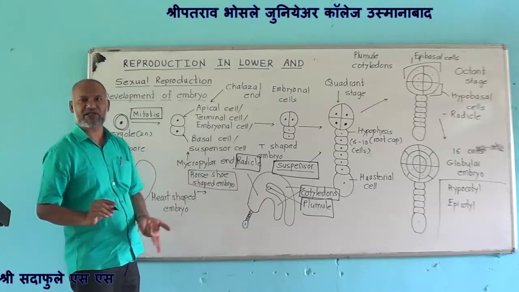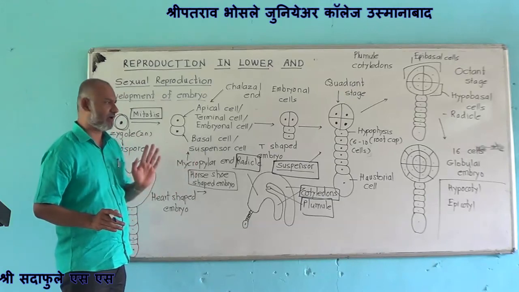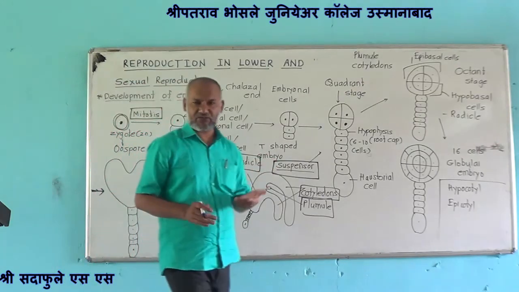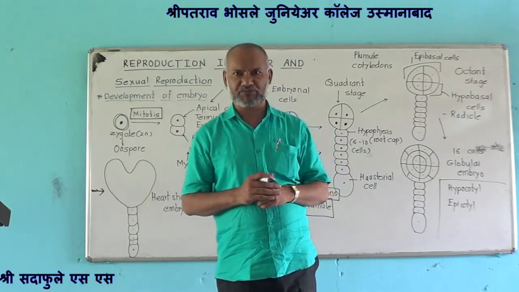Here there is presence of two cotyledons because this development is completed in dicot plants. So today we have studied development of embryo in angiosperms.